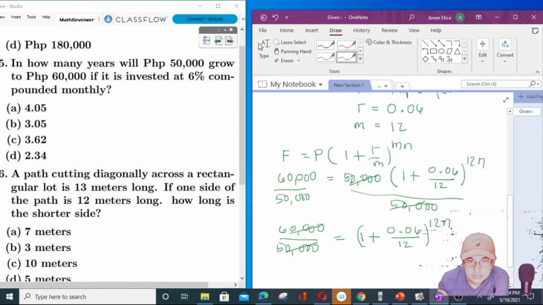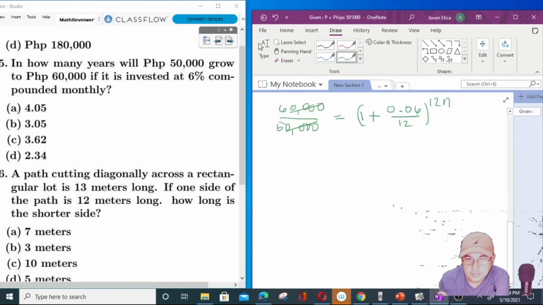Now, if we divide 6 by 5, 6 over 5 is actually equal to 1.2.